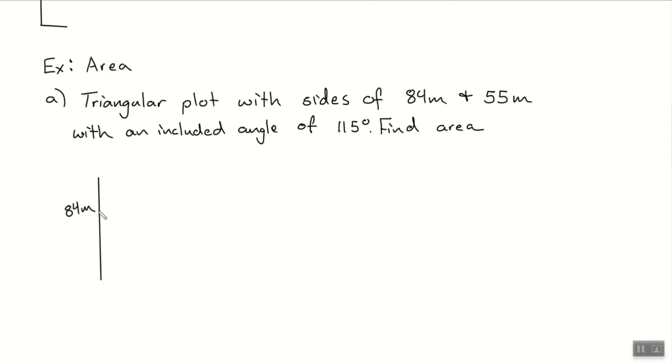That's one side of my plot. And then the other one is shorter. And you guys tell me when you think I'm at the correct angle. So I'll make it about this long. That's believable. Tell me when to stop. About there? Okay. This is my 55 meters. And then what's this angle?